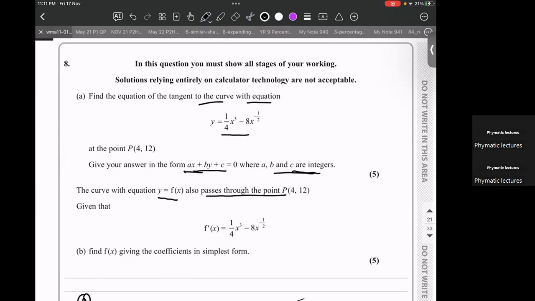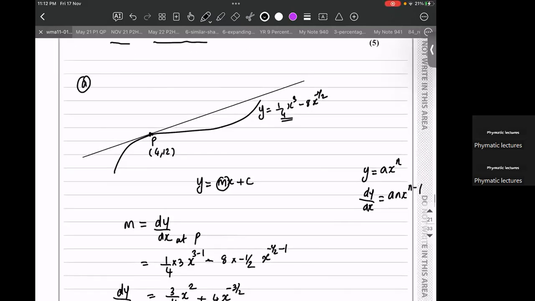Okay. f dash x is equal to 1 by 4 x cube minus 8 x to the power of minus 1 by 2. Find f of x, give your coefficients in the simplest form.